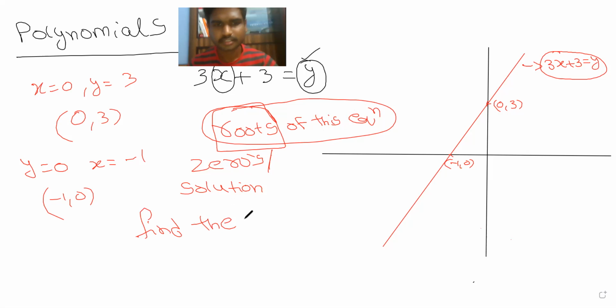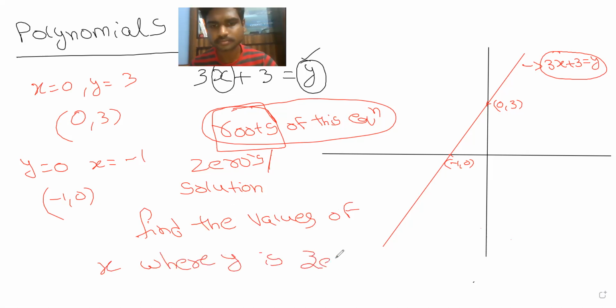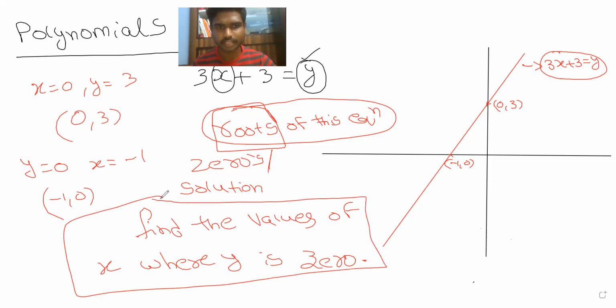What does this mean? You have to find the values of x where y is 0. That is called the root, or zero, or the solution. You can call it anything, but here they are calling it zeros.